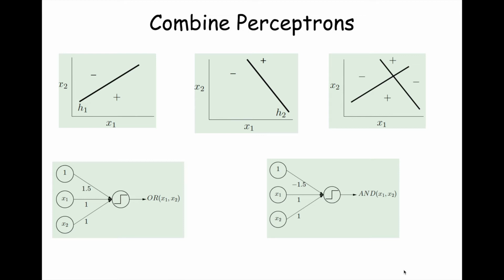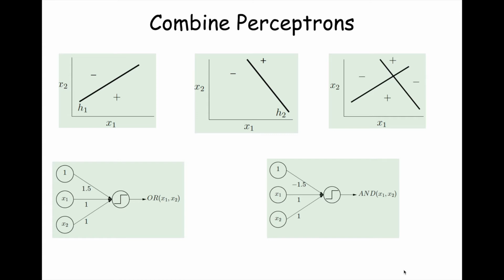We can have the space carved up into regions so that the +1 points are up above or down below, and the -1 points are to the left and to the right. That arrangement of points and their respective labels is much more complex than the individual H1 and the individual H2. And so how might we do this?